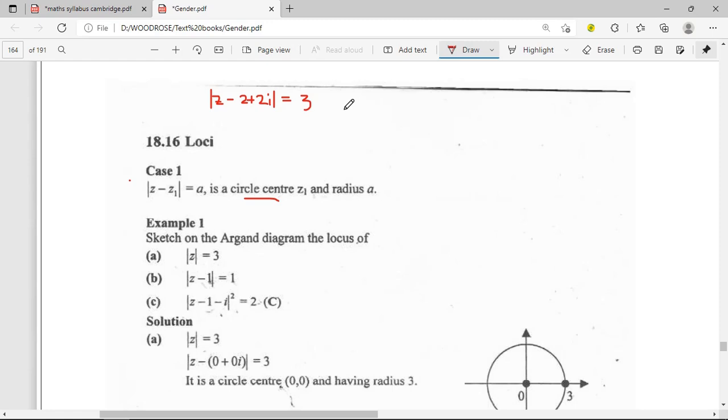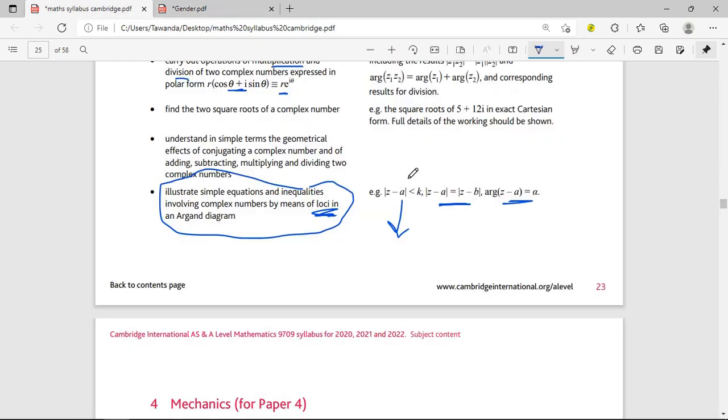So the first thing you need to do is to identify the type of locus. This one is a circle. Why? We only have the modulus to one side. These are the 3 types, like what I said. This one with the modulus to one side, saying z minus a certain number, it's a circle.